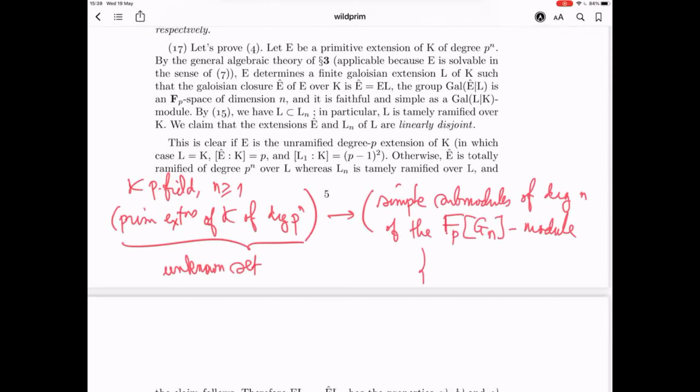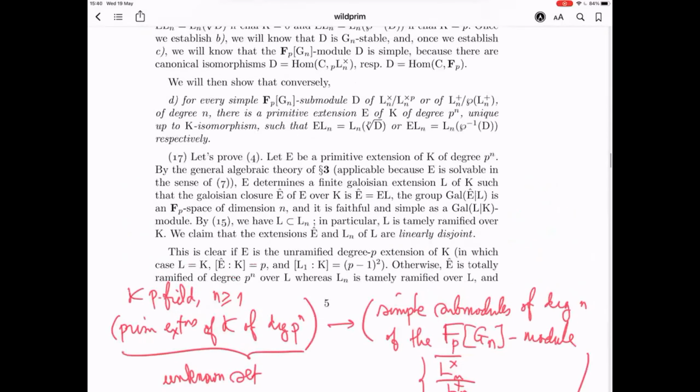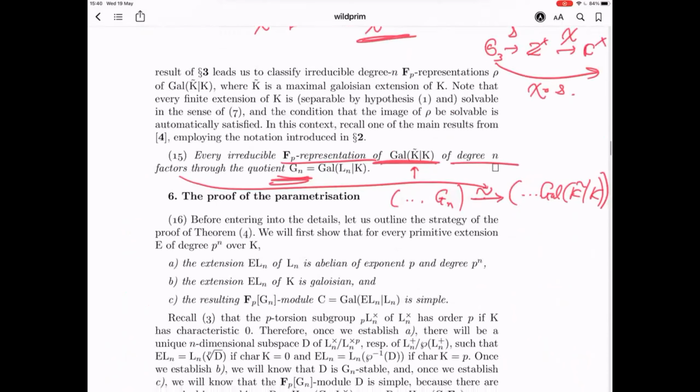And here it was either Ln star or Ln star bar, or Ln plus bar. That was the parameterization. Now I have to show that this is a bijection.